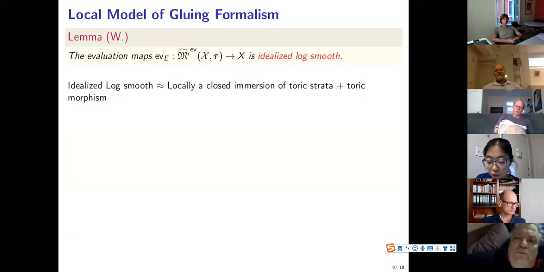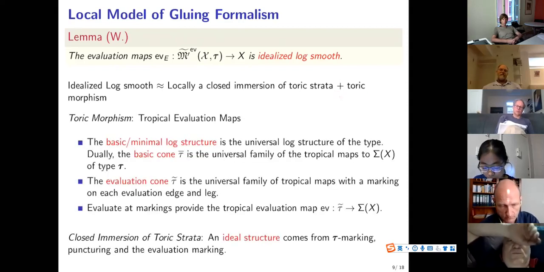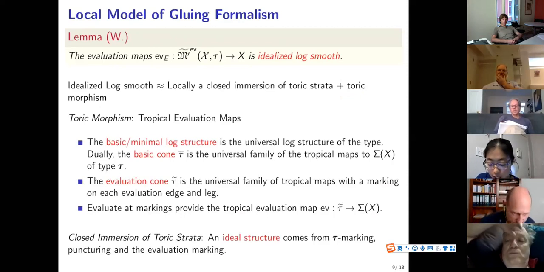So if we look at this space, we will need to analyze what this toric closed immersion is and what this toric morphism is. For the toric morphism part, it can be captured by the tropical evaluation maps.